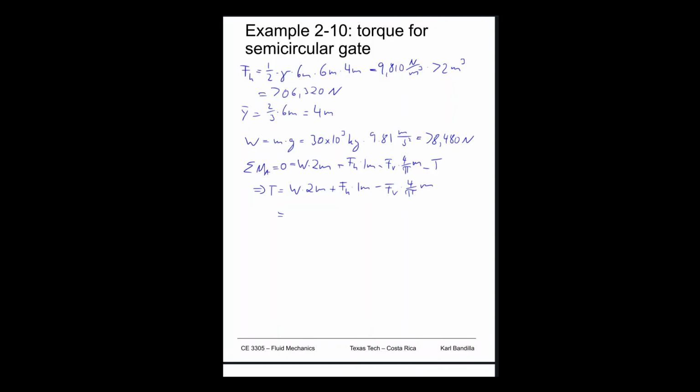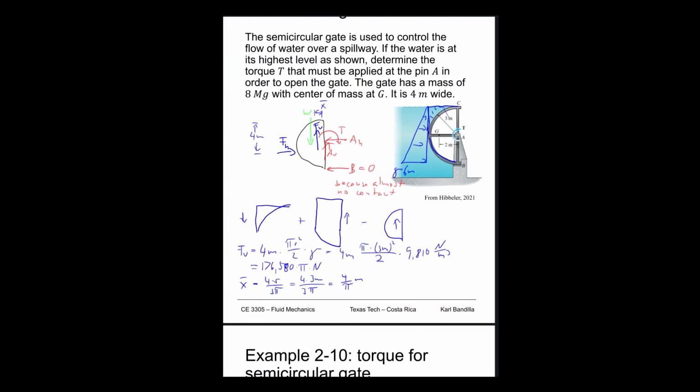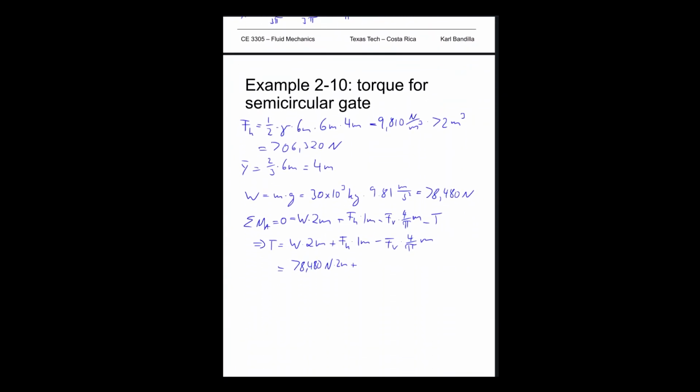So we know W was 78,480 Newton times 2 meters plus FH was right there, 706,320 Newton times, well, we had 1 meter.